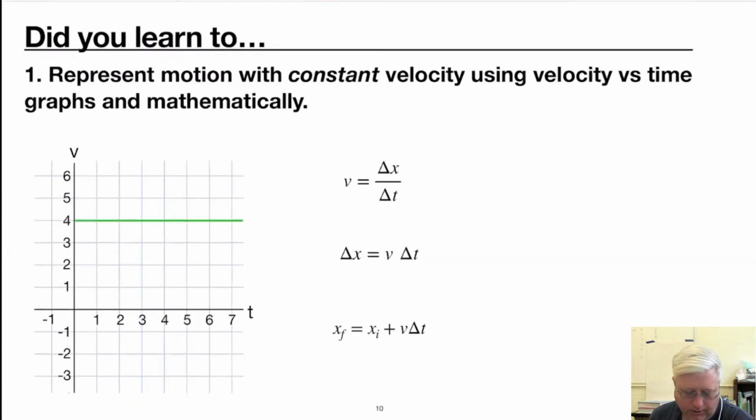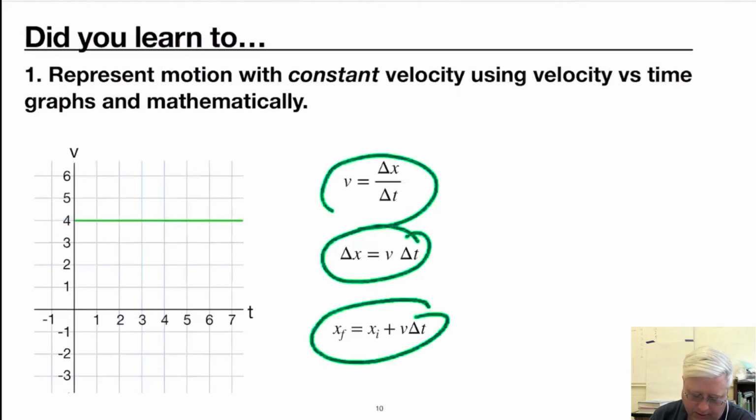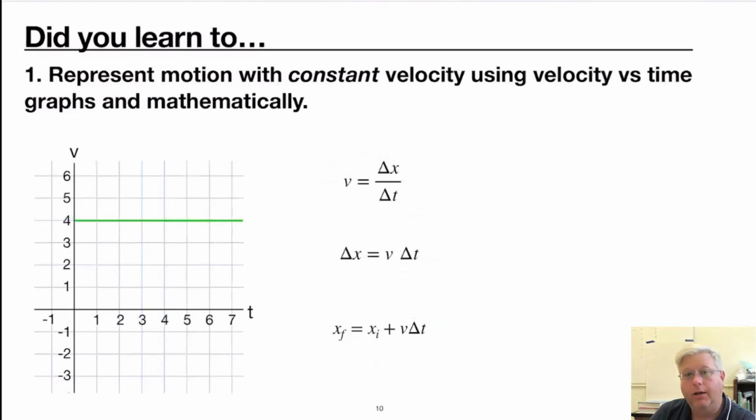So did you learn to represent motion with constant velocity using these velocity time graphs and math? Well, we know what constant velocity looks like on a velocity versus time graph. It's just a flat line. And we're able to mathematically determine some things. We could find out how far something's going to be after it's moving a certain amount of time at that constant velocity.